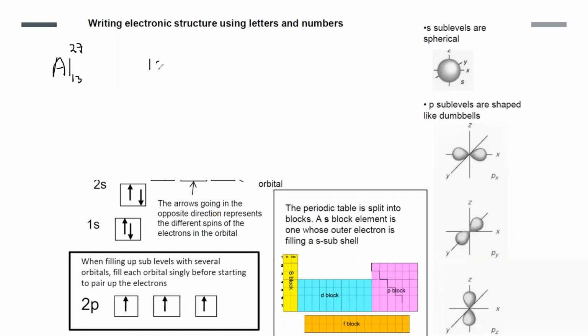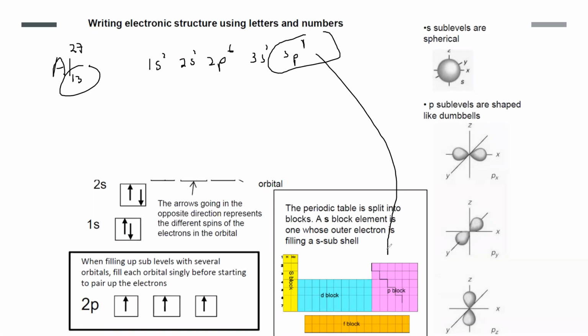So it is 1s2, 2s2, 2p6, 3s2, 3p1. So when I arrange 13 electrons, the last electron is coming in the p orbital. So I will find the position of aluminium in this region. Where the last electron comes when we write the electronic configuration shows the position of the element.